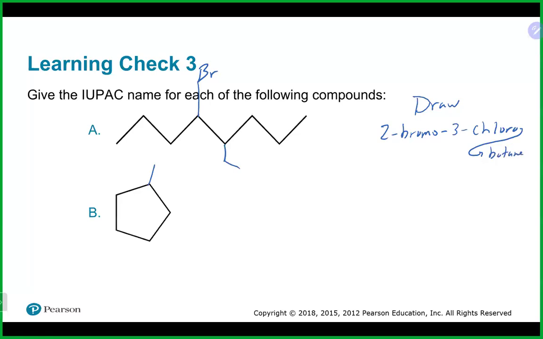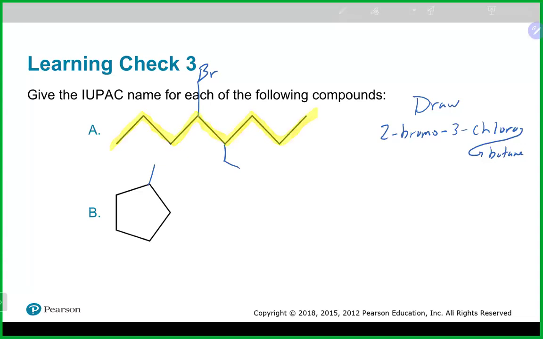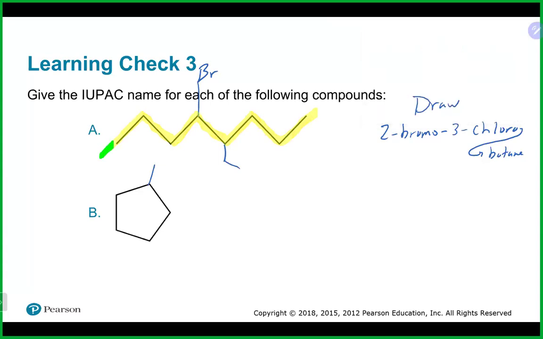All right, so name my, let's take a look, see how you're doing. Again, we're going to start with the longest carbon chain. Might as well just check straight across. So I got 1, 2, 3, 4, 5, 6, 7, and 8. That's probably looking pretty good. We do maybe want to check some other options. So we could also go here and go 1, 2, 3, 4, 5, 6, 7.